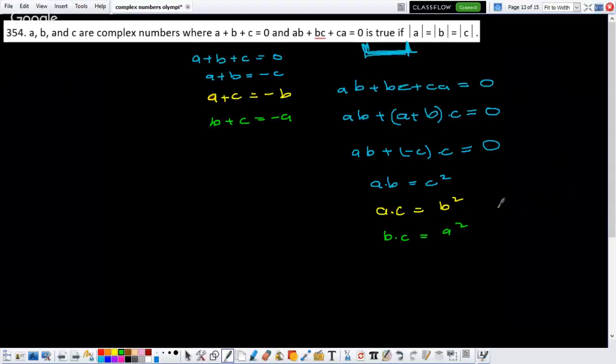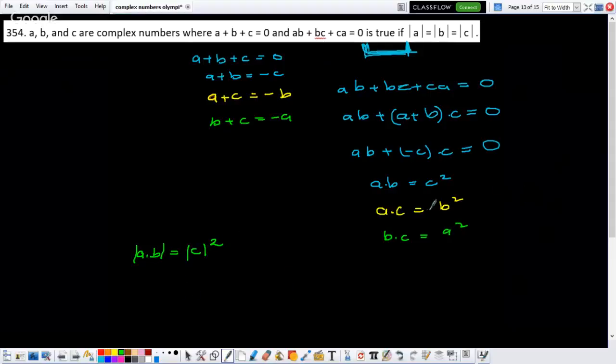So this affects all the moduli also, which means that the modulus of A times B will be equal to the modulus of C squared.